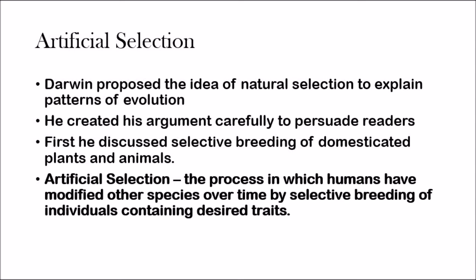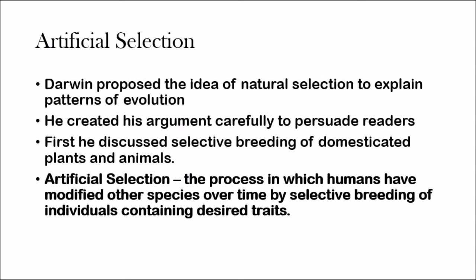He first discussed selective breeding and how that creates domesticated plants and animals. Artificial selection is basically where humans will actually breed different organisms in order to get traits that they want.